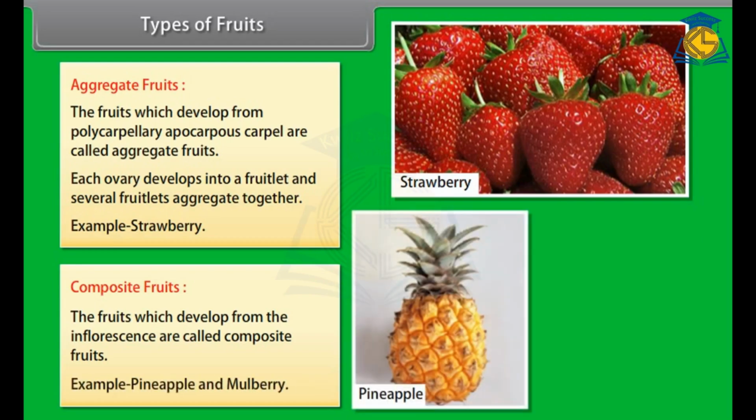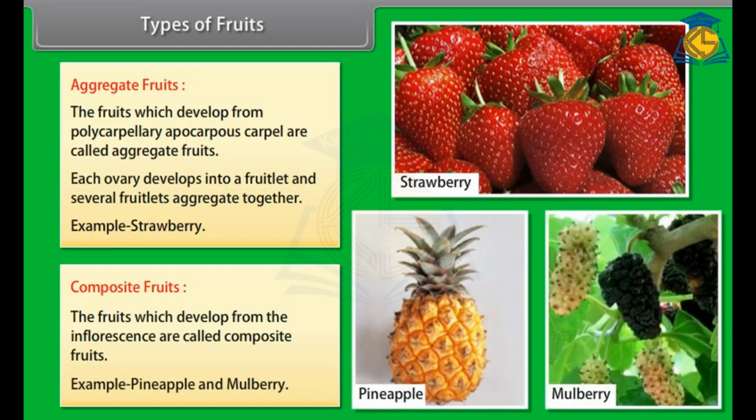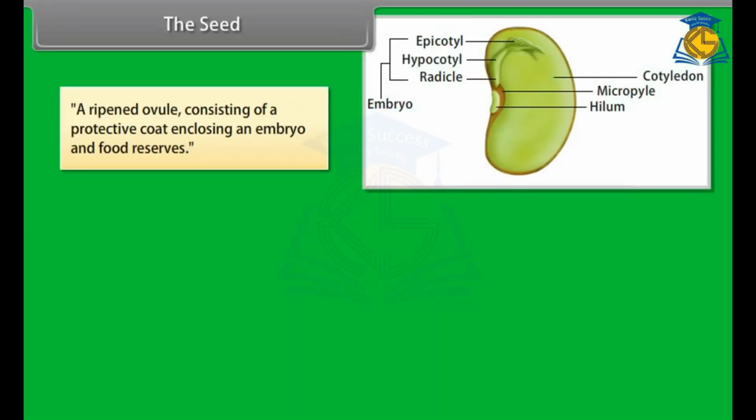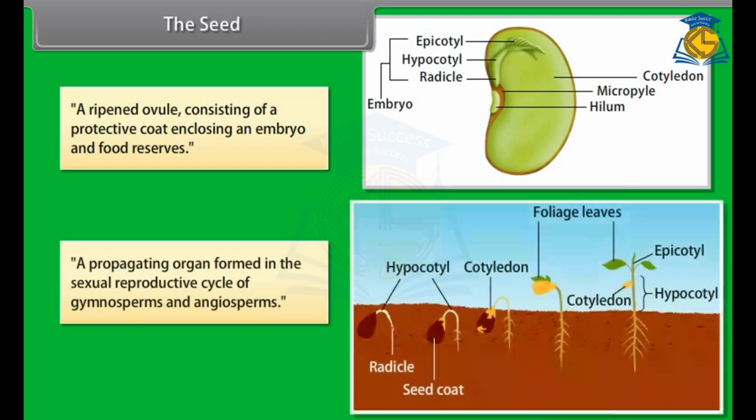Example, pineapple and mulberry. The seed: a ripened ovule consisting of a protective coat enclosing an embryo and food reserves. A propagating organ formed in the sexual reproductive cycle of gymnosperms and angiosperms.